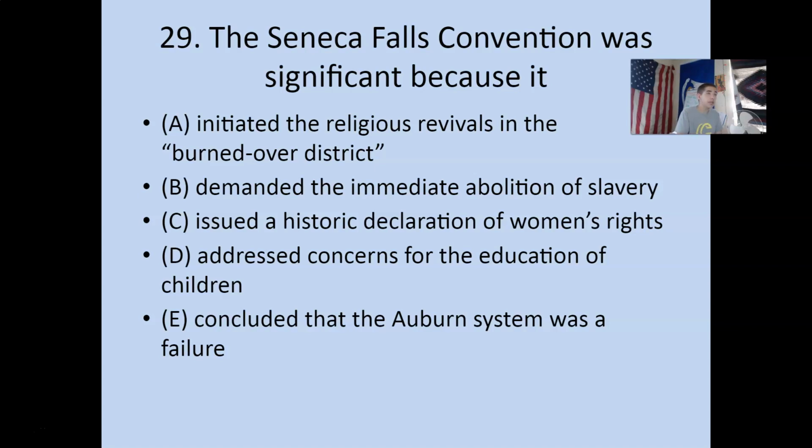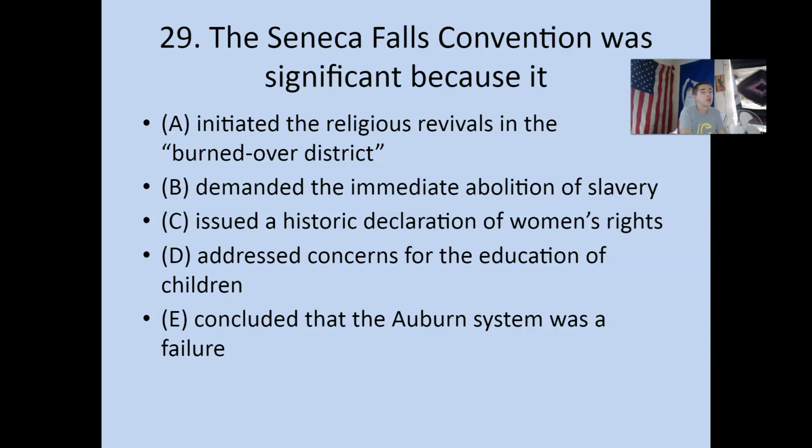The convention was significant because it A. Initiated the religious revivals in the burned over district. B. Demanded the immediate abolishment of slavery. C. Issued a historic declaration of women's rights. D. Addressed concerns for the education of children.